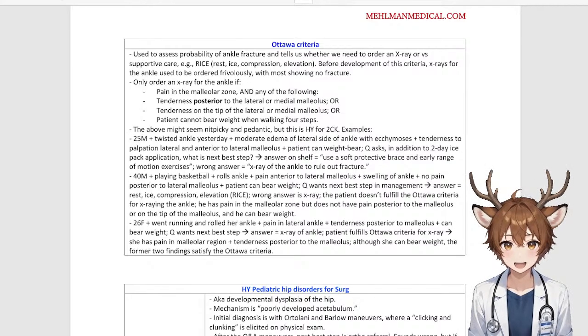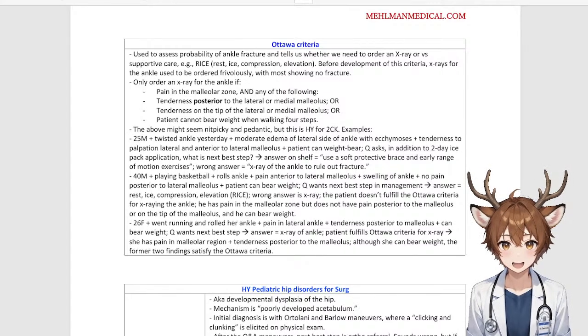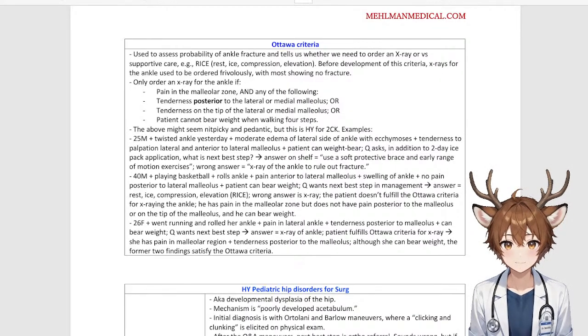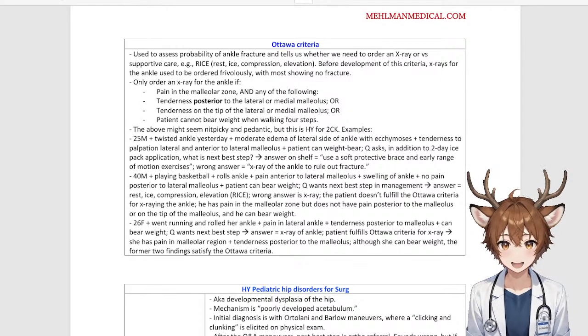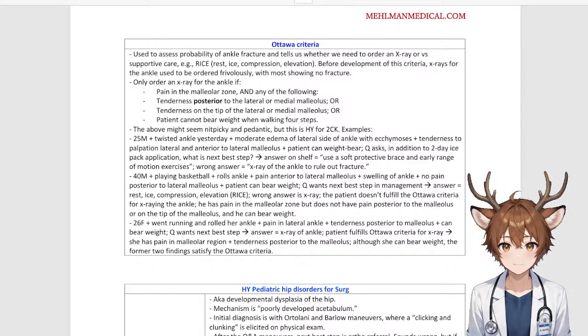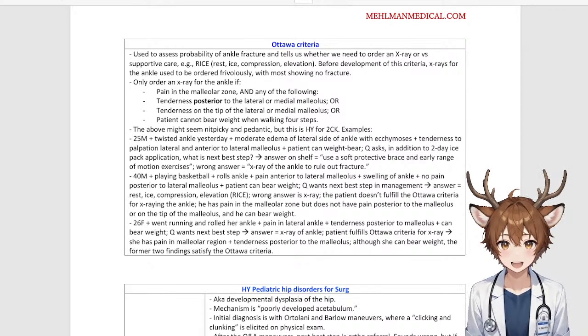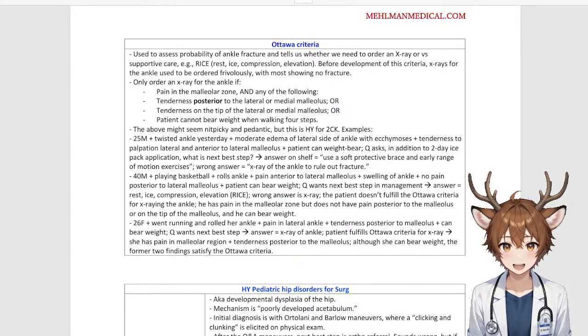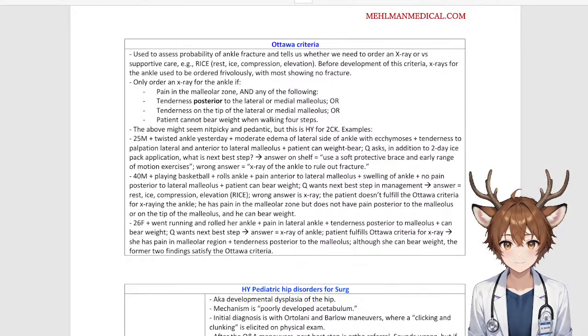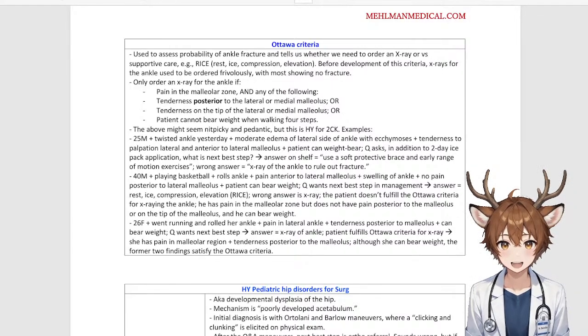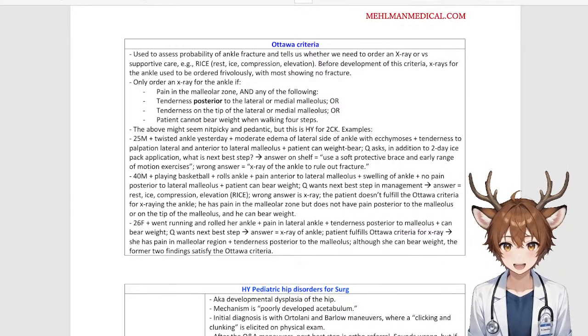So basically, I guess it's referring to the malleoli in that case as well. So basically, if you have medial malleolus pain, lateral malleolus pain, or you're walking 4 steps and you cannot bear weight, plus you have pain in the malleolar zone, then you will have an indication that you should have an X-ray for potential fracture.